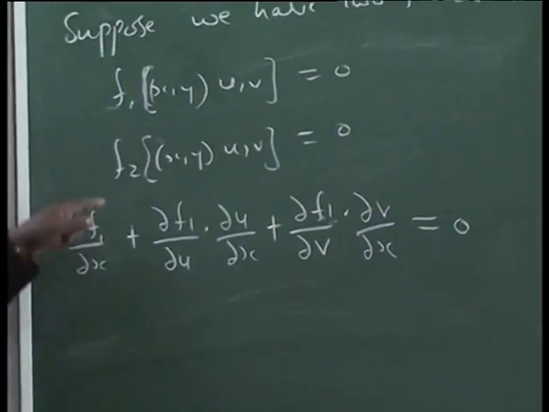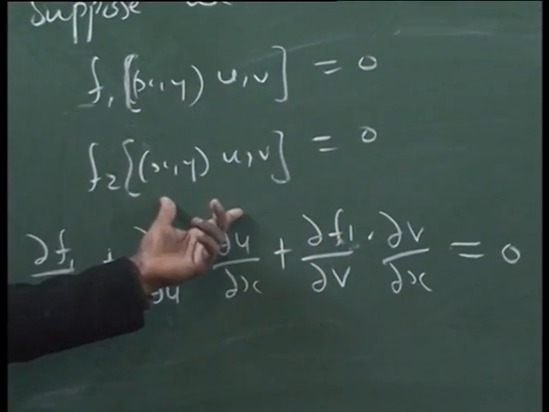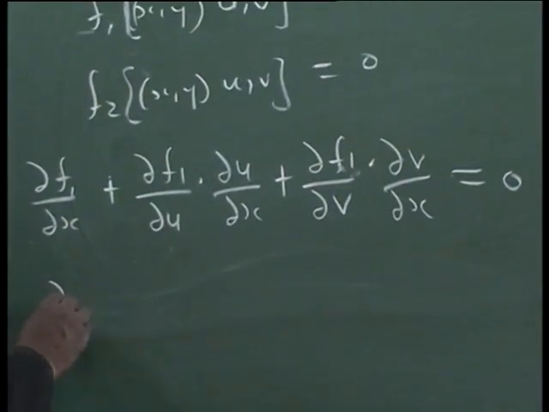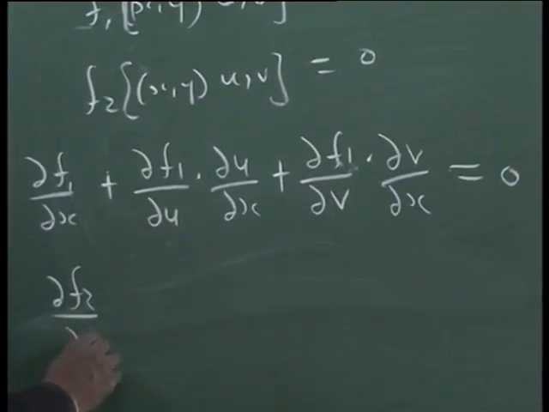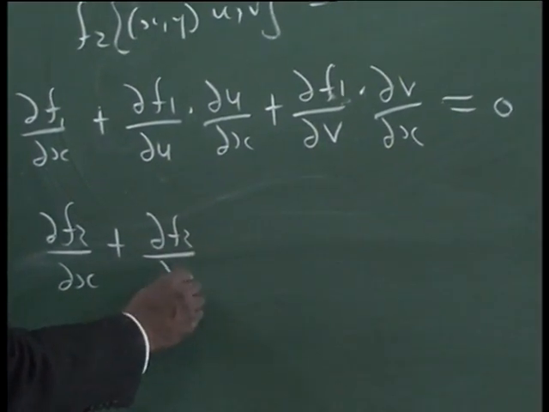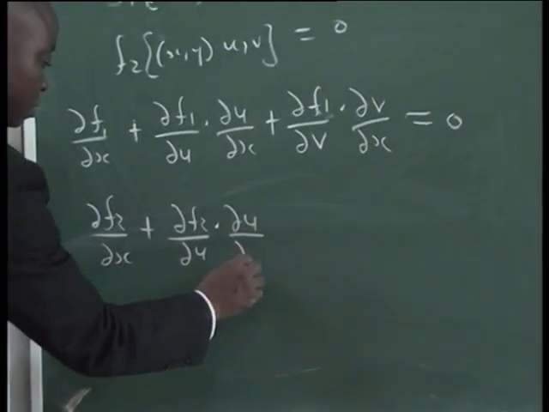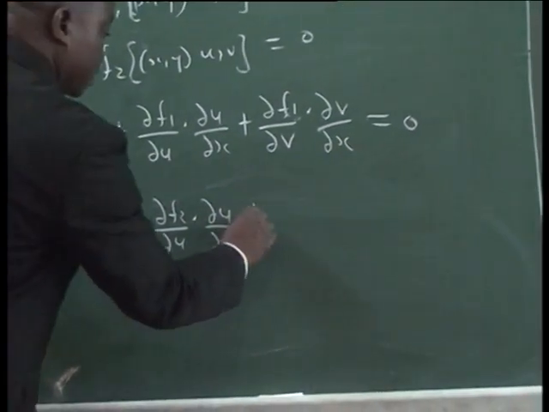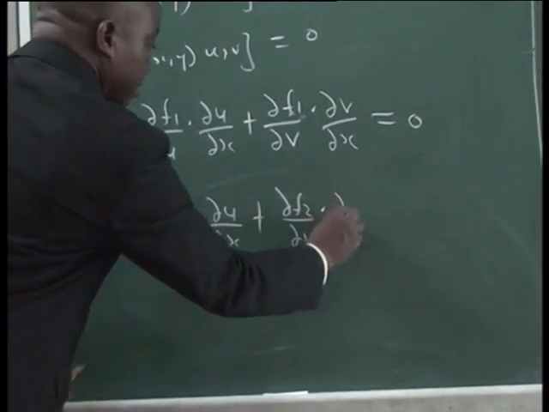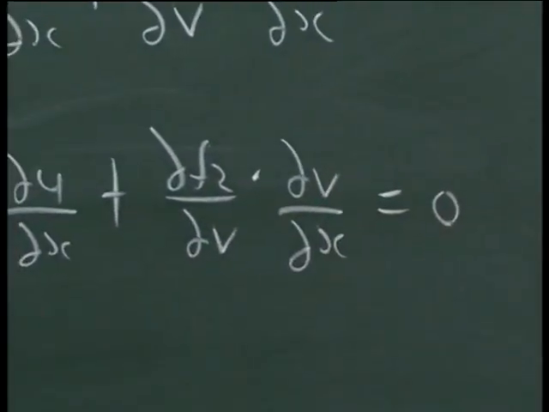And then for f2 of x, y, u, v, we can also define that this will be partial f2 partial x plus partial f2 partial u times partial u partial x plus partial f2 partial v times partial v partial x will be equal to 0.